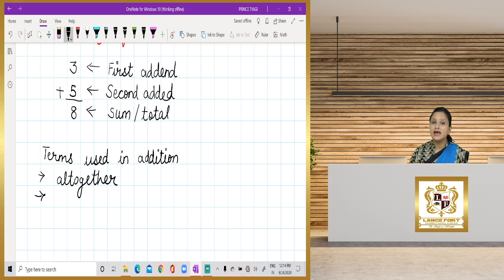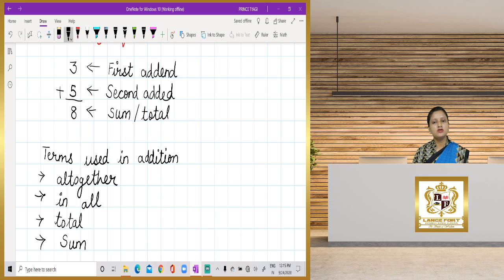Second, in all. The third one is total. And fourth is sum. So these are some terms which we use in addition.